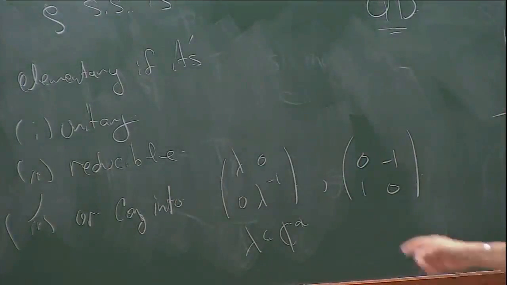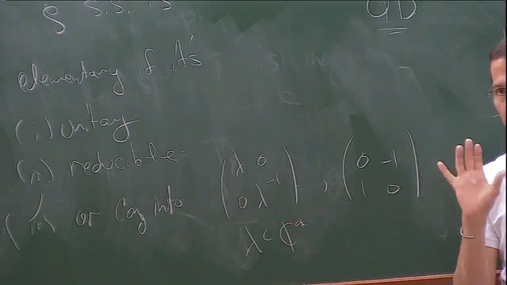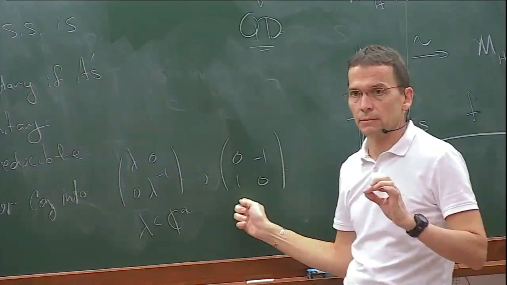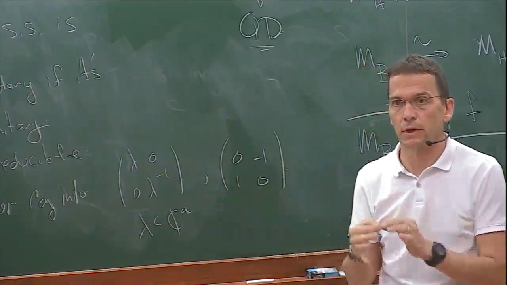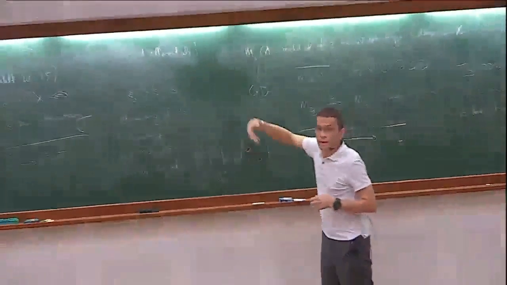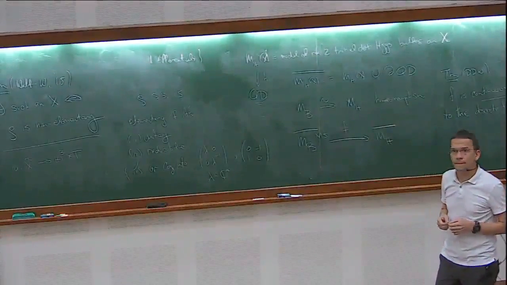So this leaves a geodesic invariant, but it has a reflection inside of it. Strictly speaking, that's not reducible, but it still leaves a geodesic invariant. Those are elementary, and non-elementary is anything else.